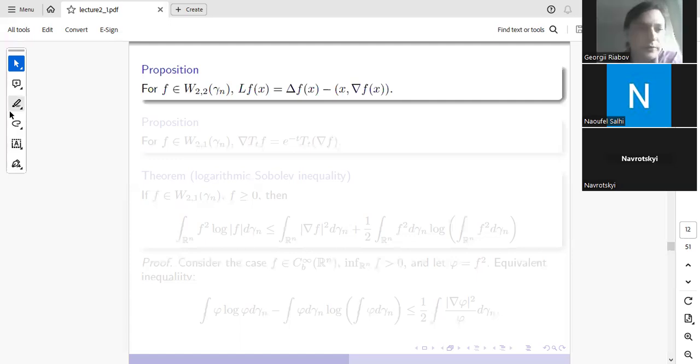Another property is the representation of the Ornstein-Uhlenbeck operator. It is equal to the Laplacian of f minus x times the gradient of f.